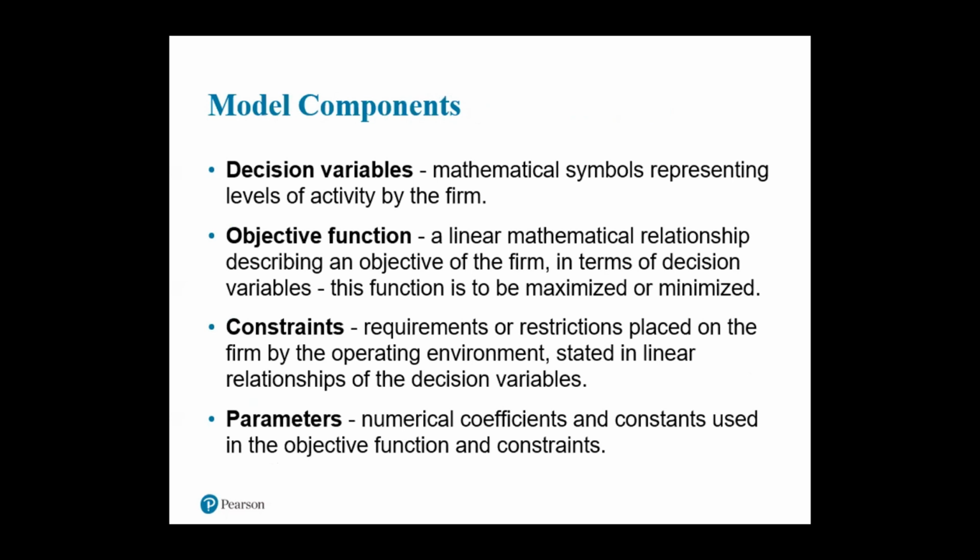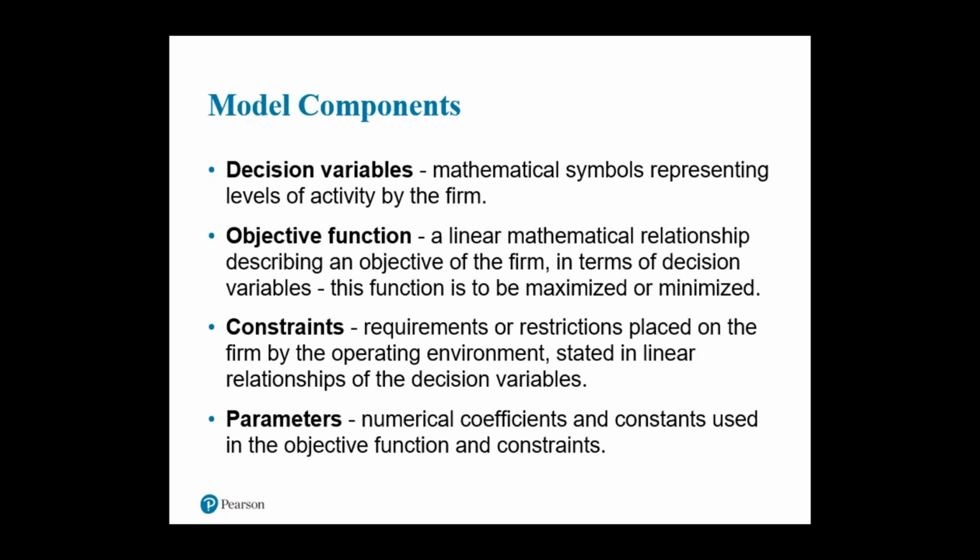So last week we mentioned these, but just to recap them. The model has the following components. First is what we call decision variables. These are just your x's, your y's, and your z's. They are the activity variables.